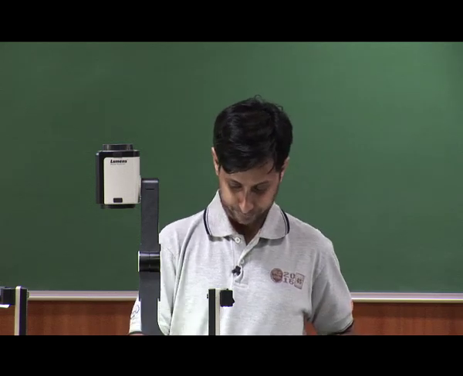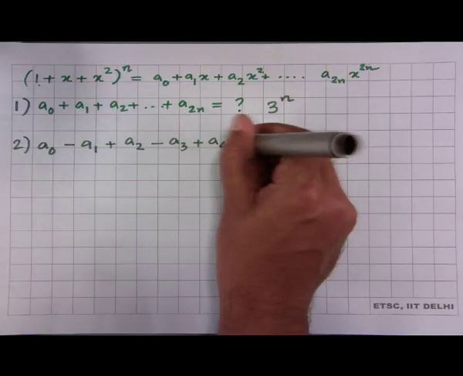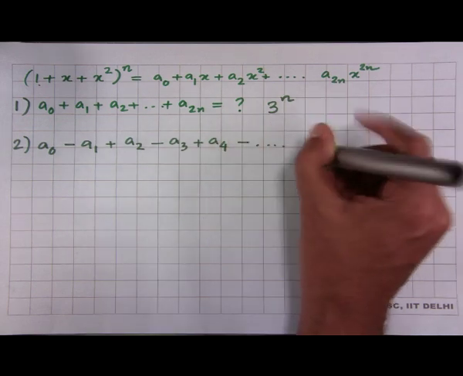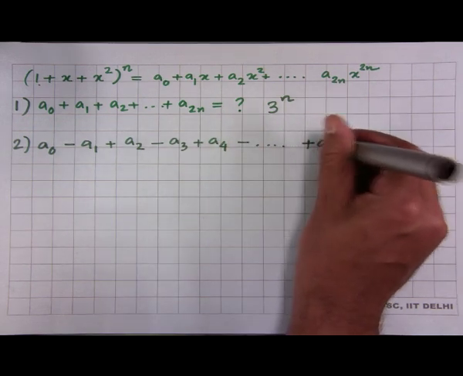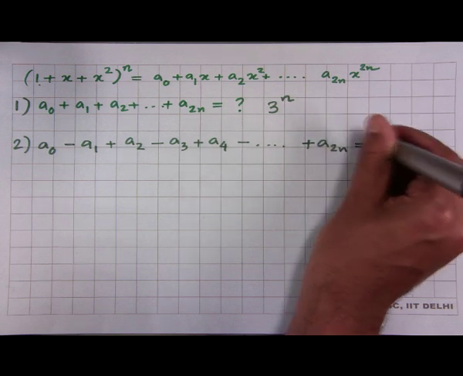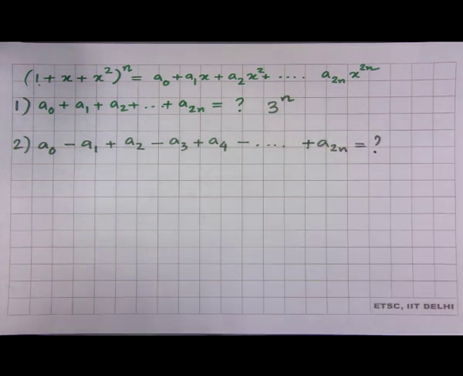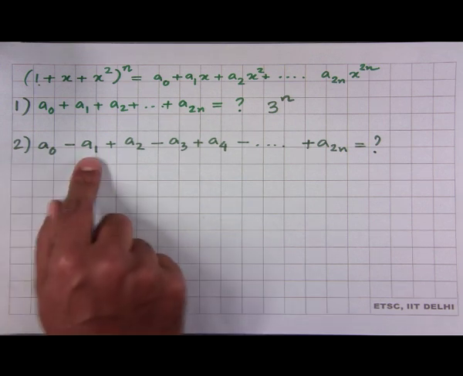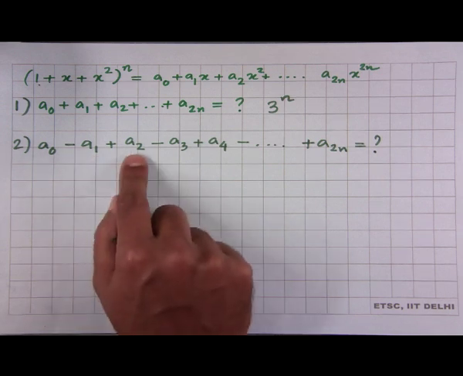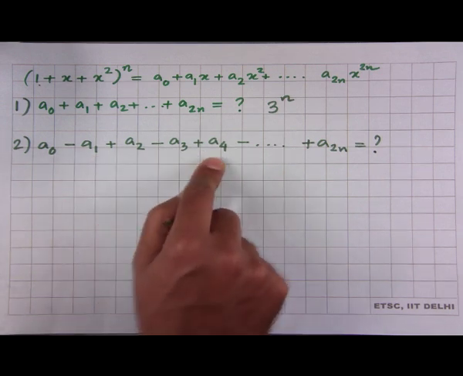Question 2. What is this sum? a naught minus a 1 plus a 2 minus a 3 plus a 4.